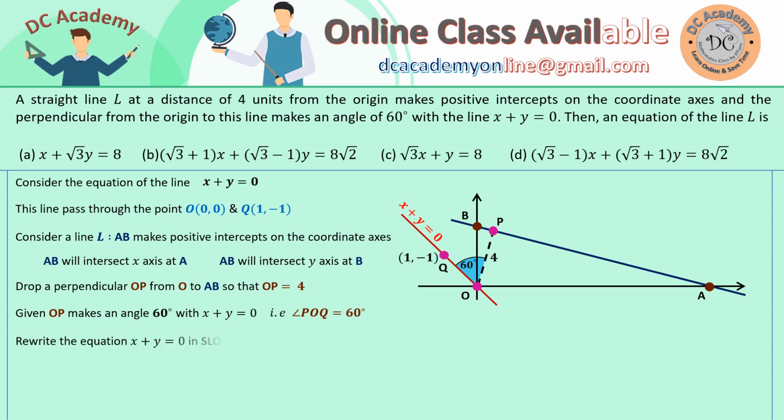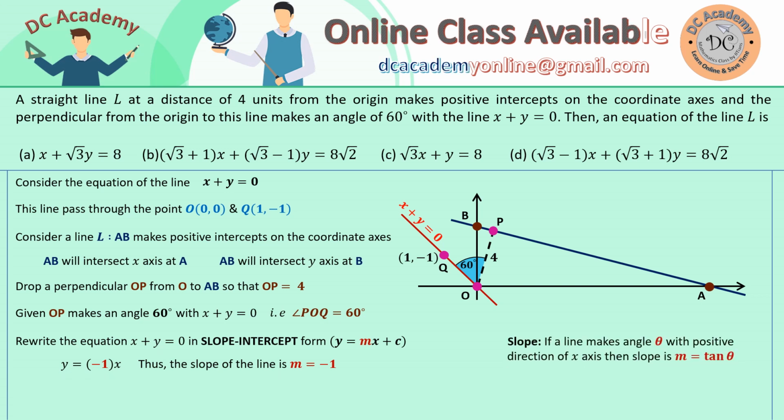Now let's proceed. Here we first rewrite the equation x plus y equal to 0 in slope intercept form, that is y is equal to mx plus c. If we do so, we get y is equal to minus 1 x. So the slope in this particular case is minus 1.